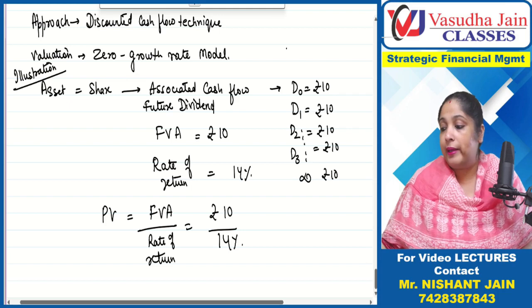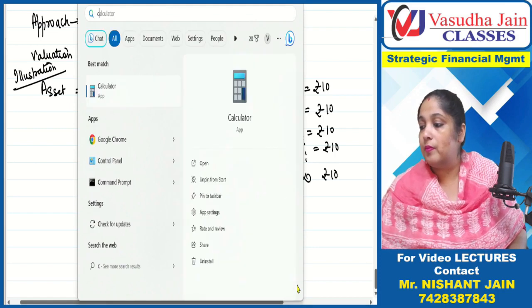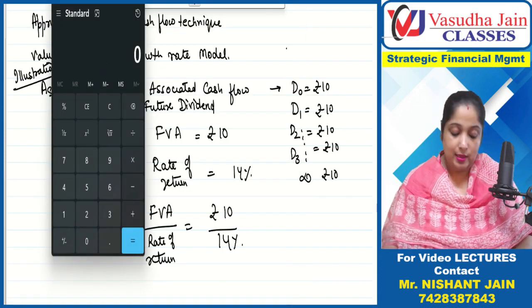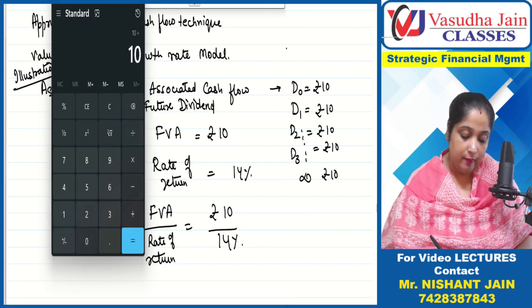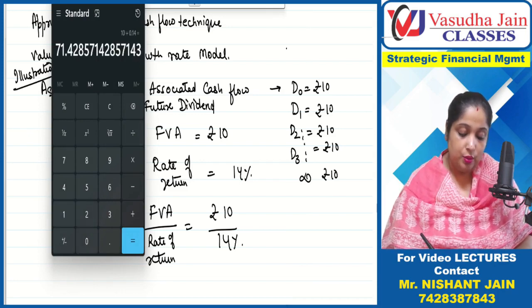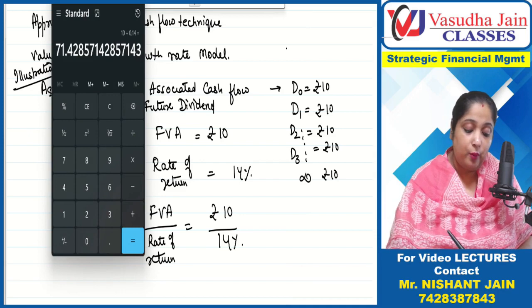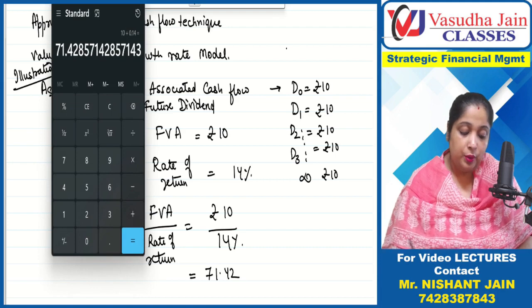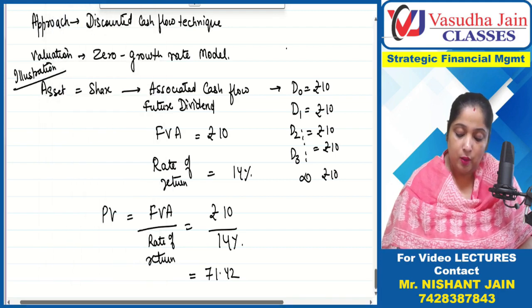So let us find out on the calculator. Very simple, 10 divided by 14%. So you get 71.43.